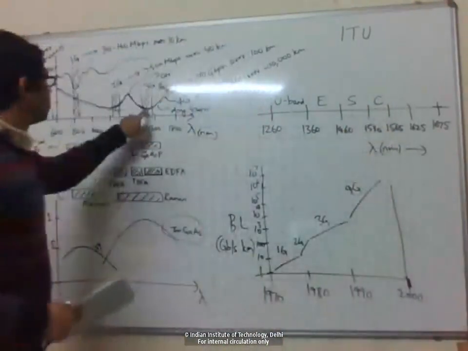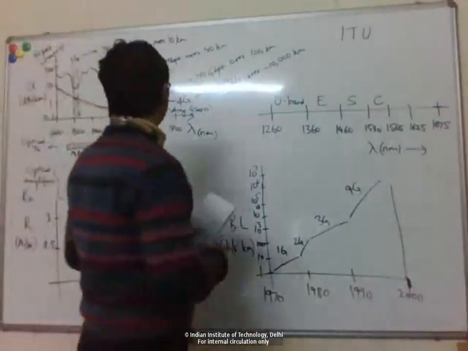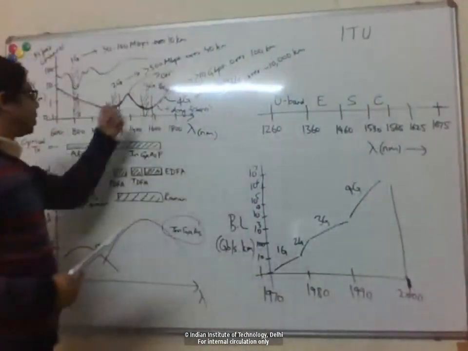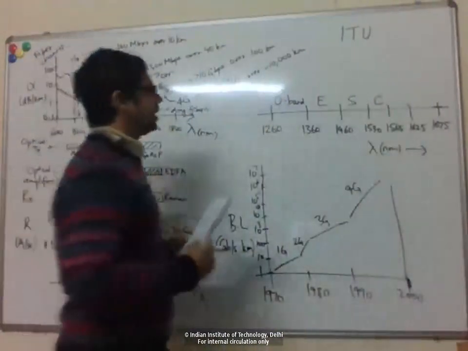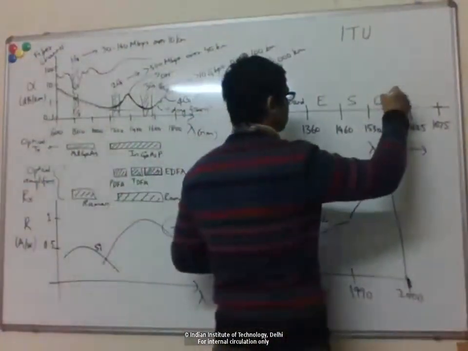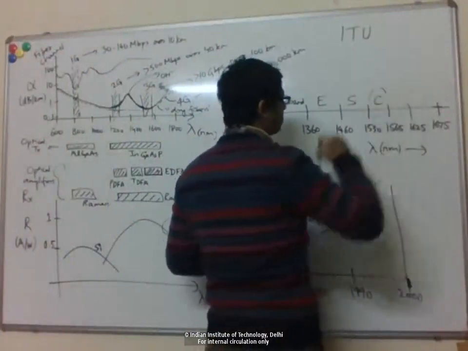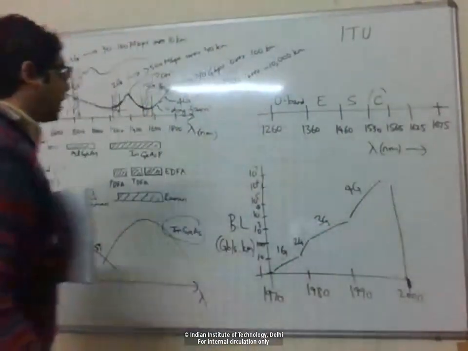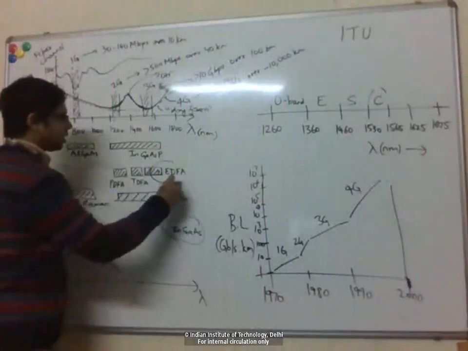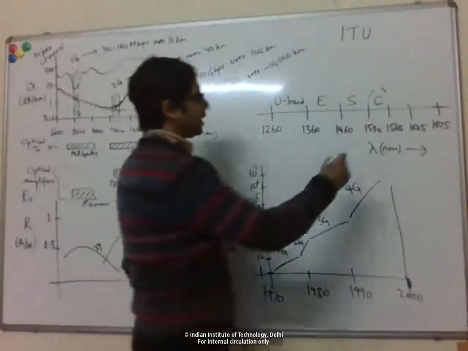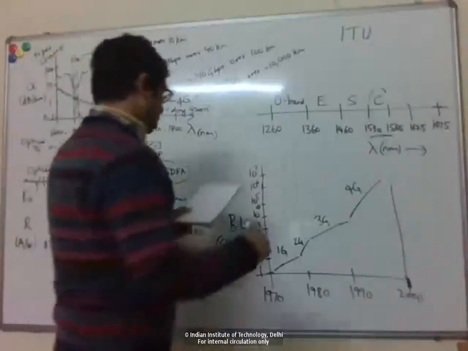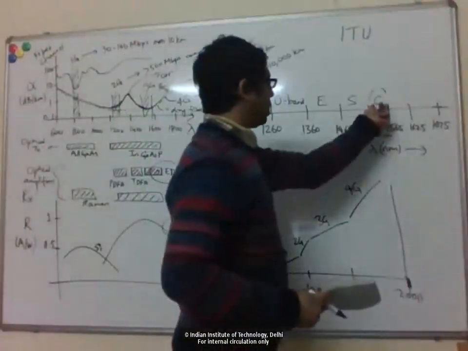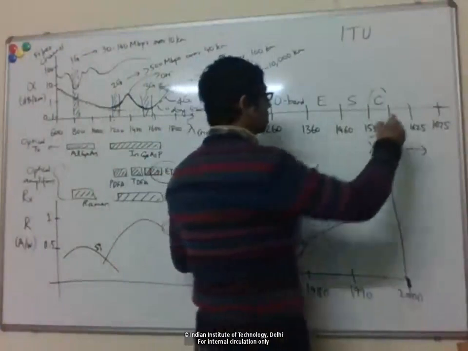So that's where the loss dips to minimum here, even for like the fibers with moisture. So just as a legacy from this 3G networks, C band is sort of the most widely used. Right? Another reason is actually this EDFA, right, works very well in the C band range of wavelengths. So this is the most commonly used band of wavelengths.